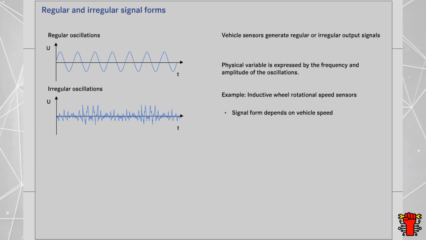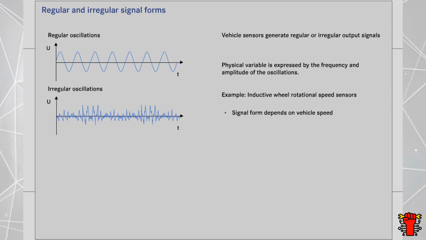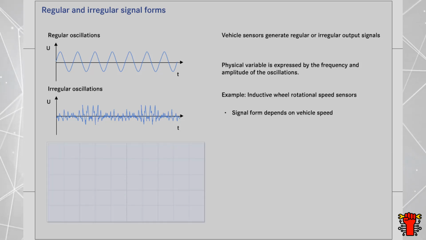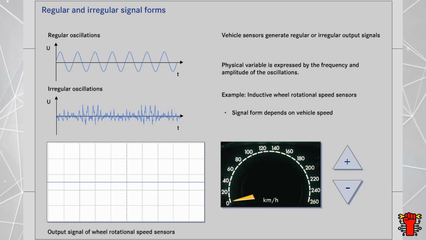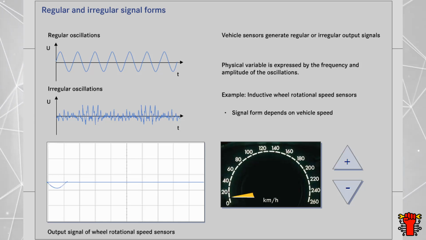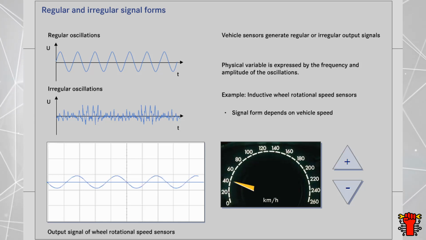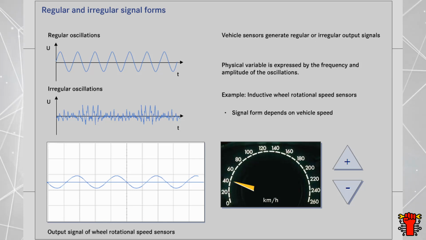This, in turn, is determined by the vehicle speed. Have a closer look at the signal form of the wheel rotational speed sensors. As you do so, observe the signal in the oscilloscope.